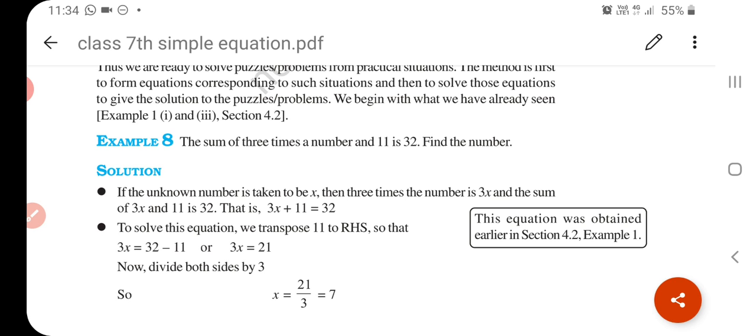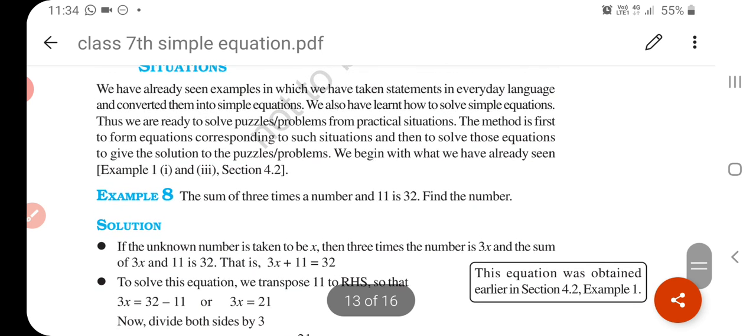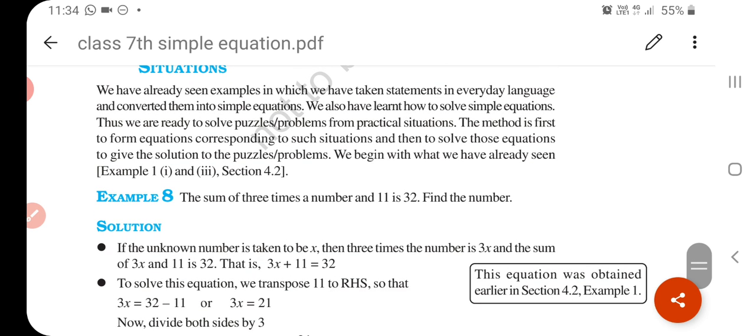Understand? So the first step is to read the problem carefully and note down what is given and what is required. Now our second step is to analyze and understand the relationship between the different quantities given. Next, make sure about two things: what is given and what is to be found out. Understand?